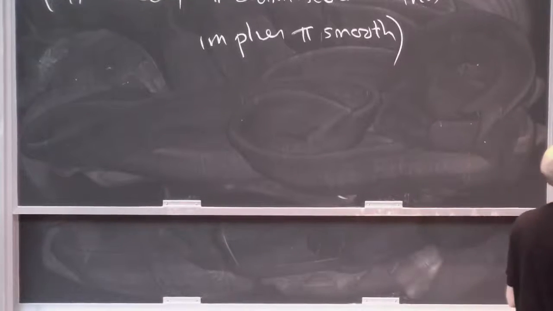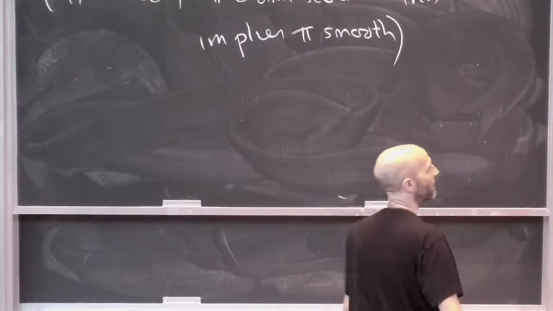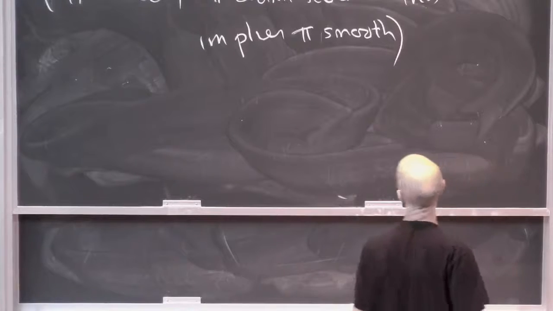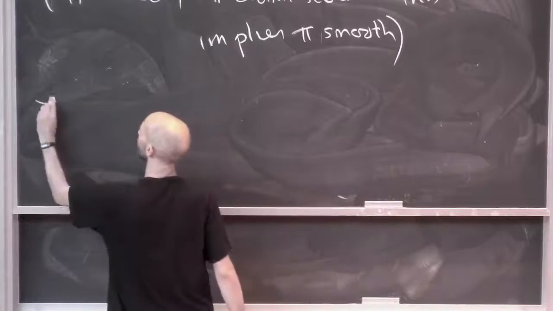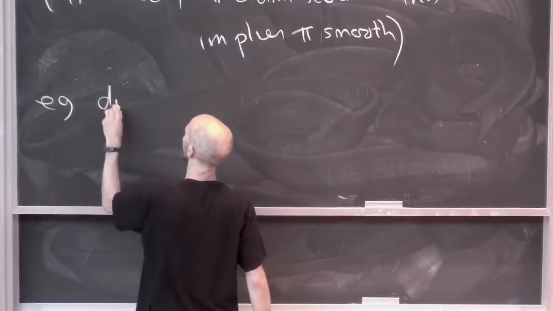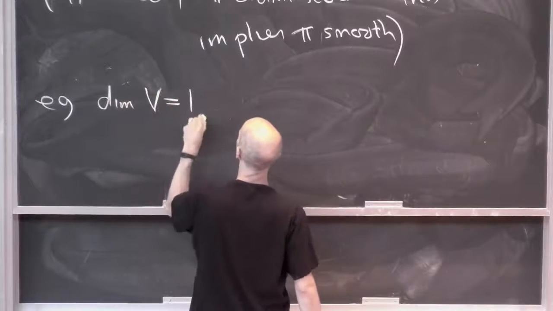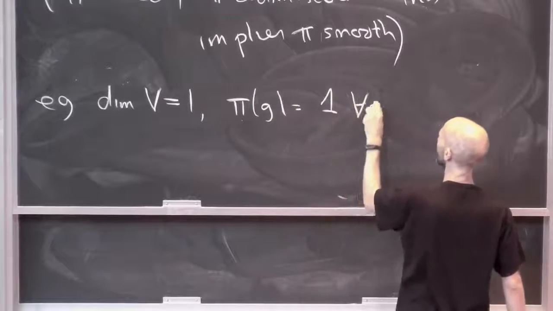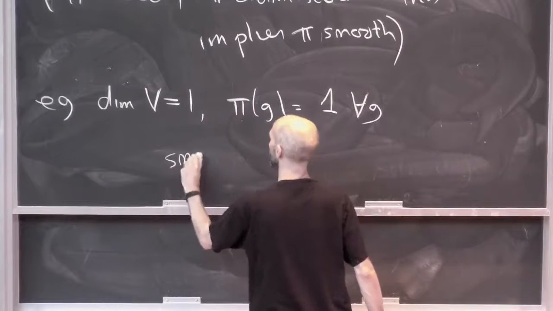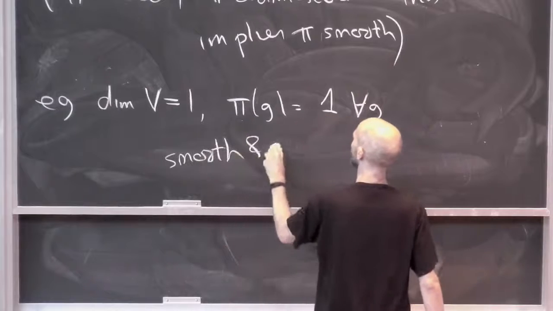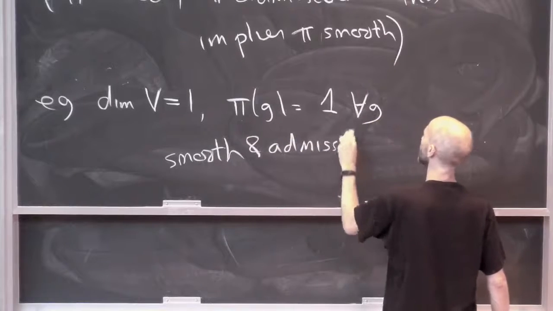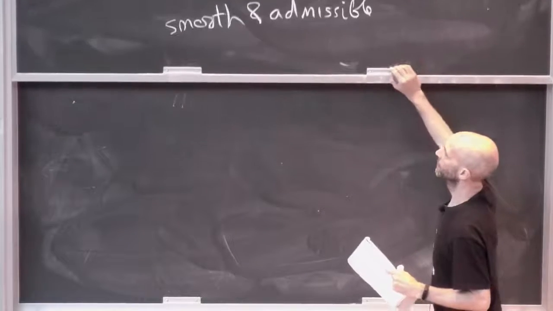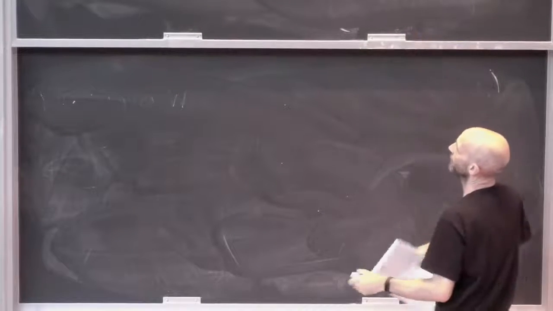So just let me give you one example that clarified my thoughts. For example, if dim V is 1, and pi of g is just 1 for all g, that's easily checked to be smooth and admissible, right? But let me just make the following note.